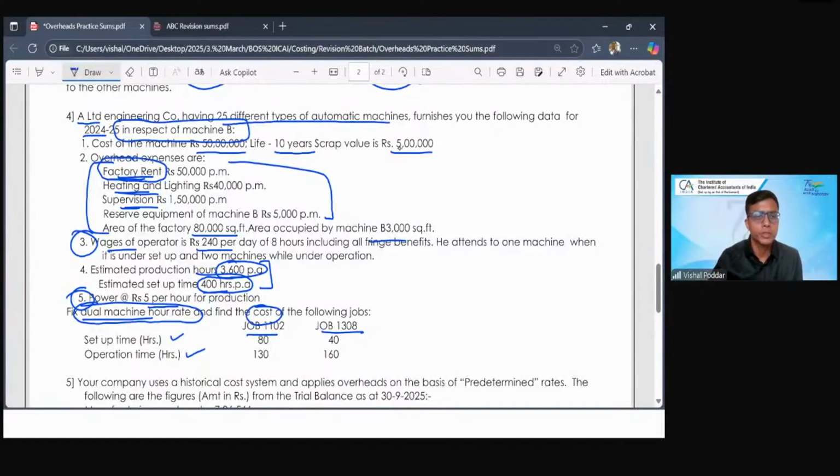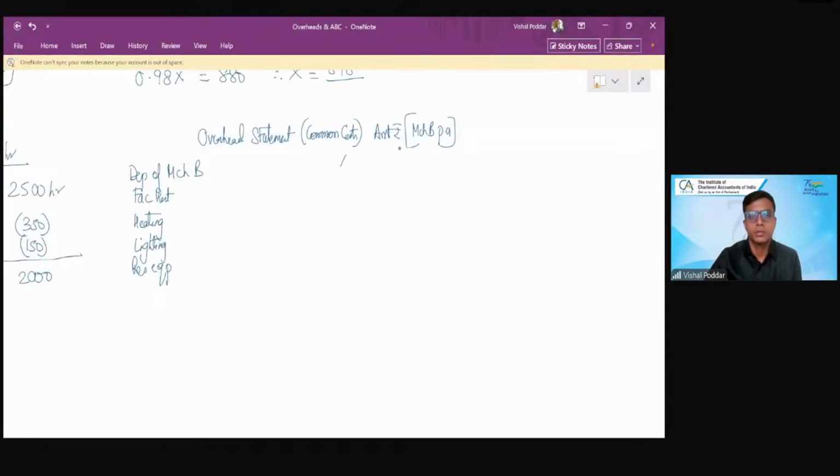Then you have wages, which is specific, and power, which is specific. So we'll not consider them right now. So 50 minus 5 is 45. 45 divided by 10 is 4.5 lakhs.